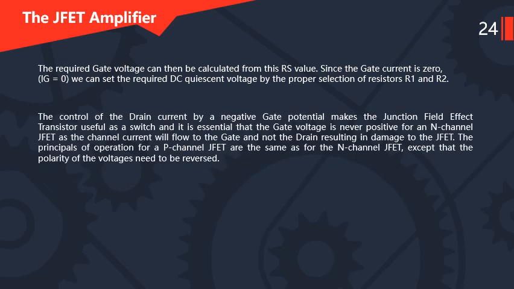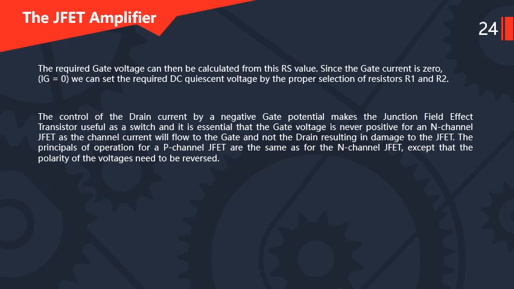The control of the drain current by a negative gate potential makes the junction field effect transistor useful as a switch, and it is essential that the gate voltage is never positive for an n-channel JFET, as the channel current will flow to the gate and not the drain, resulting in damage to the JFET.